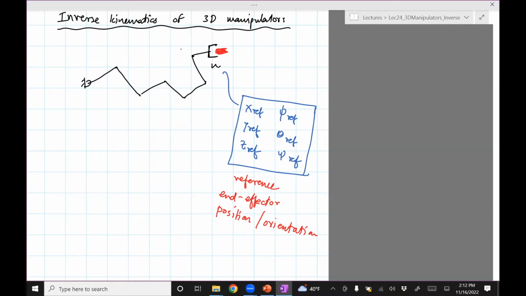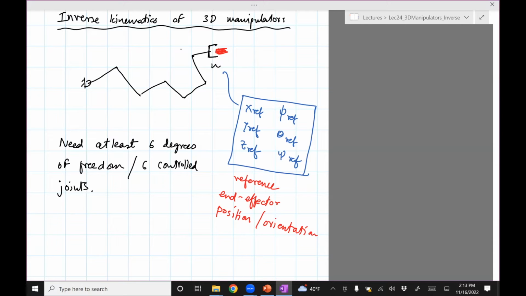So we need at least 6 degrees of freedom. 6 degrees means 6 joints, and when I say 6 joints, I really mean 6 controlled joints.